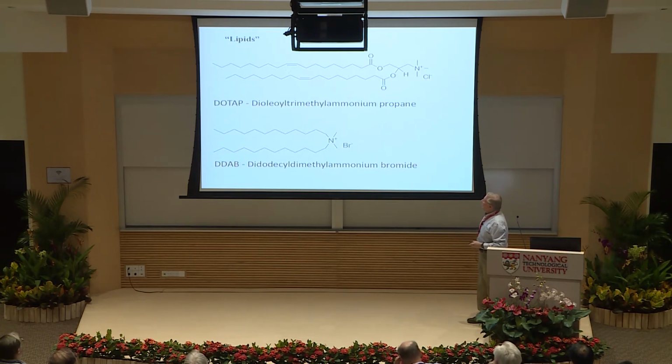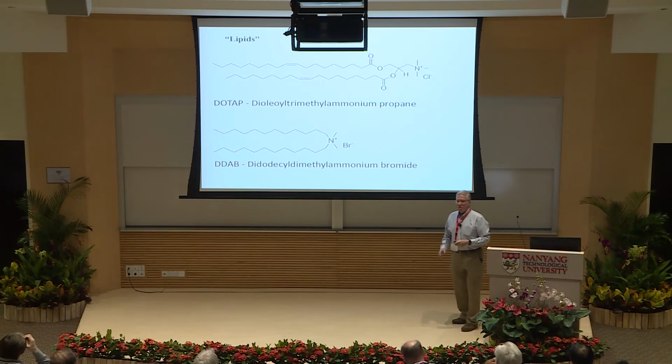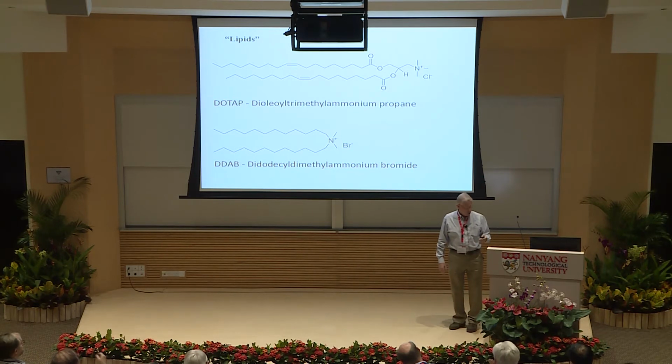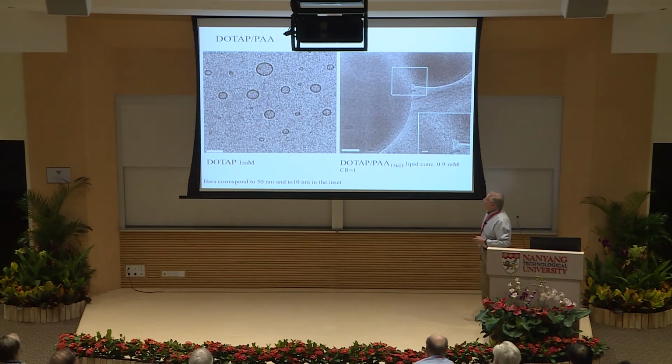And for the lipids, we took again the same workhorse that we saw before, the DOTAP, and a very simple one, didodecyl dimethylammonium bromide, DDAB, which is really a very flexible, very easy to work with material, and we will now see how the structure develops with these two.